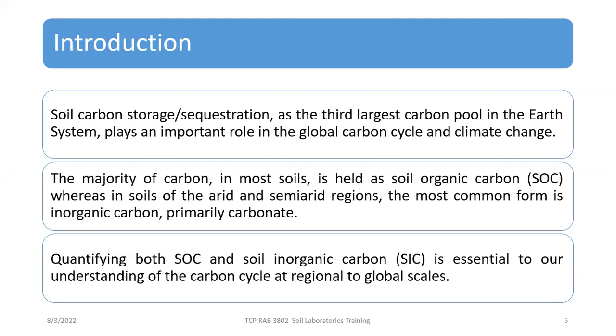In the soil, most of the carbon is held as organic carbon, soil organic carbon. In arid and semi-arid regions, the most common form is inorganic carbon, primarily carbonate. This is very clear in arid regions, where you will find a high level of calcium carbonate or magnesium carbonate, and both of them have a carbon part.